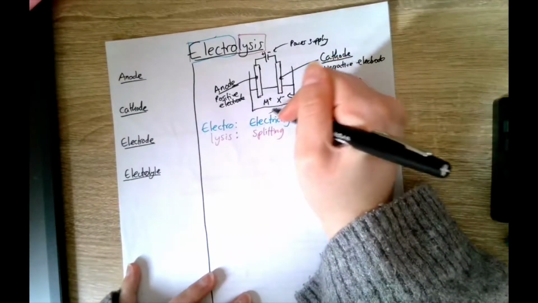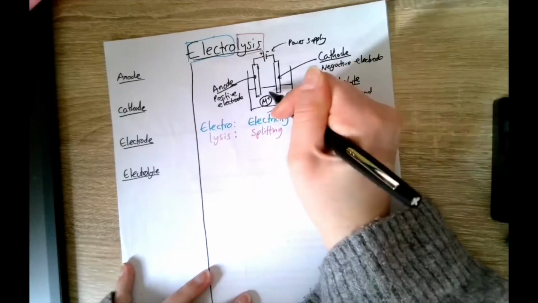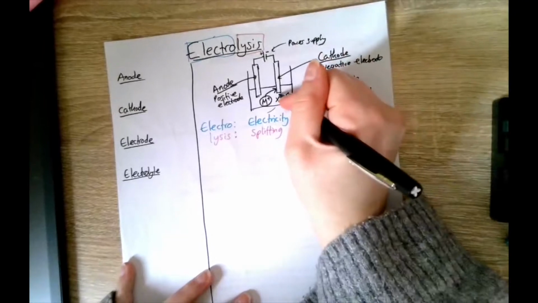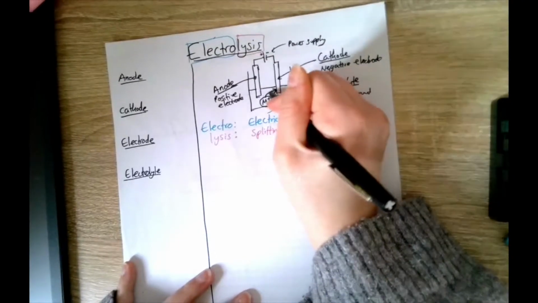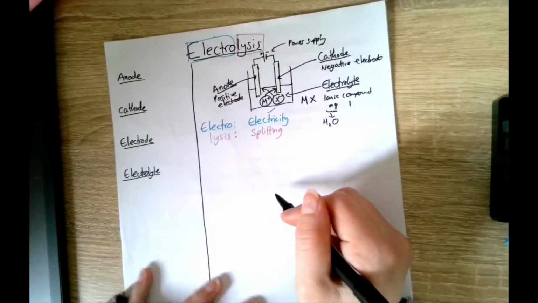So because opposites attract, our positive ion is then going to be attracted to our negative electrode, whilst our negative ion is going to be attracted to our positive electrode.